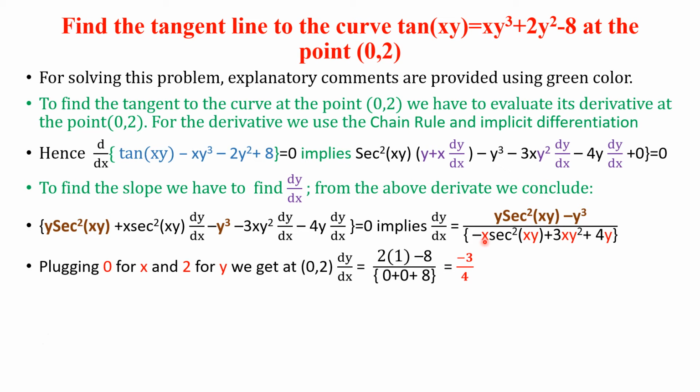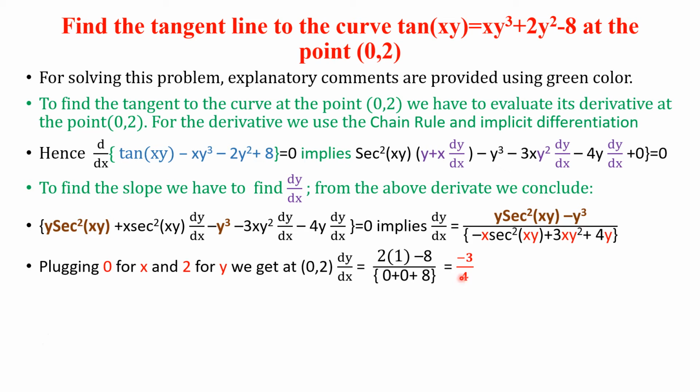Every time we have a term with an x, that is 0, so the first term is 0, and the second term is 0. The third term is 4 multiplied by 2, which gives us 8. So at the end, the derivative evaluated at (0, 2) gives us negative 3 divided by 4, and that is the slope.